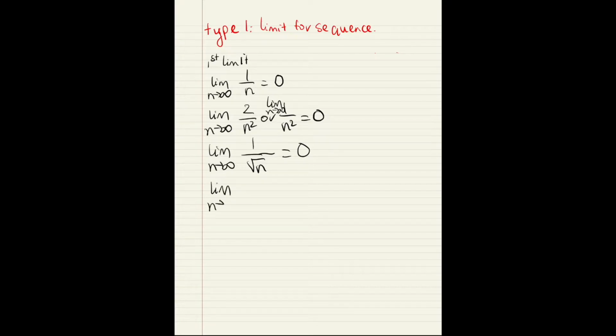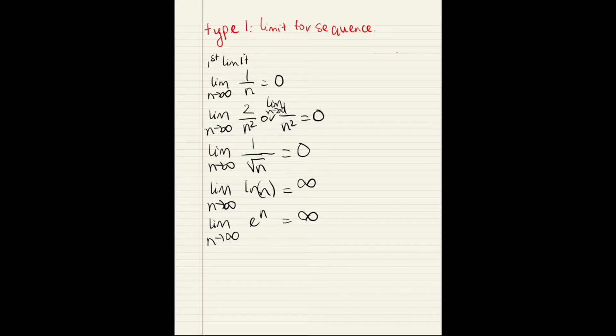The limit of ln n equals infinity. The limit of e to the n equals infinity.